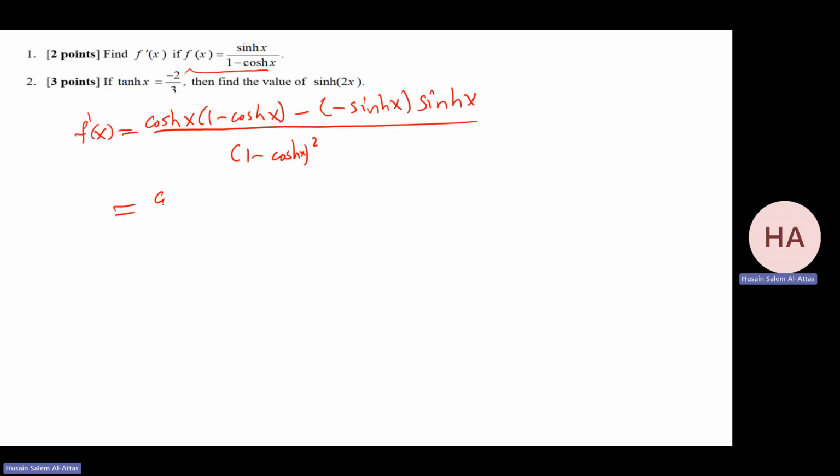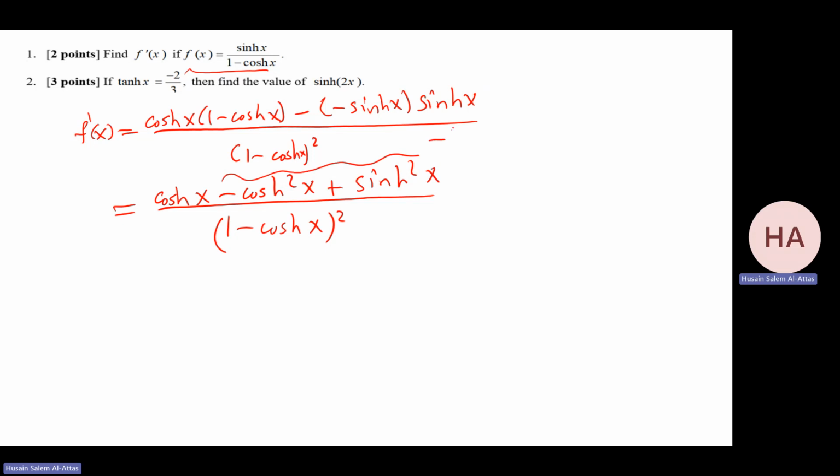Okay, numerator is what? Cosine hyperbolic minus cosine hyperbolic square plus sine hyperbolic square over 1 minus cosine hyperbolic x all squared. This is what? This is minus 1, correct? Yeah, I know cosine hyperbolic square minus sine hyperbolic square is equal to 1. So sine hyperbolic square minus cosine hyperbolic square, that will be minus 1, which is here.